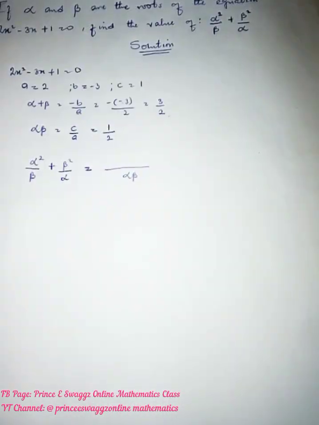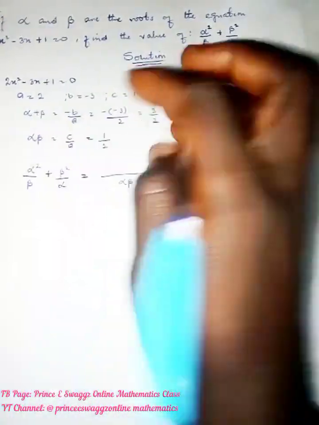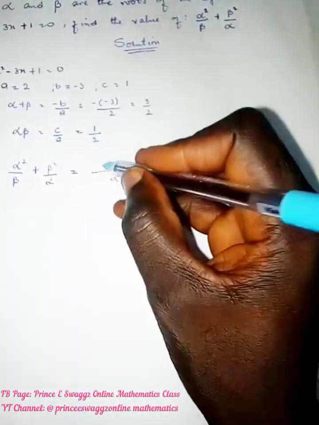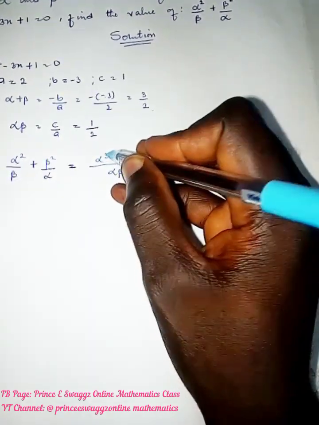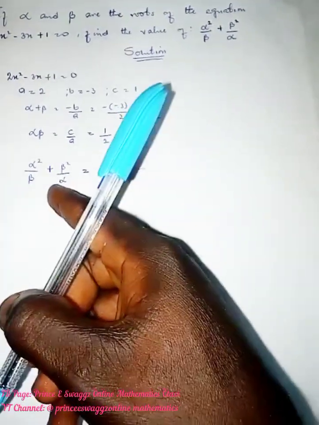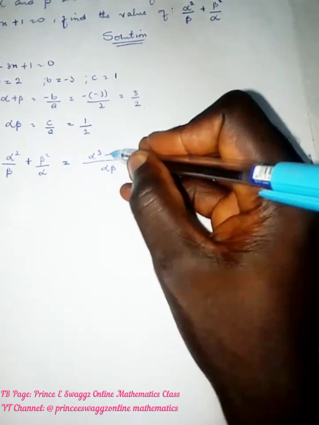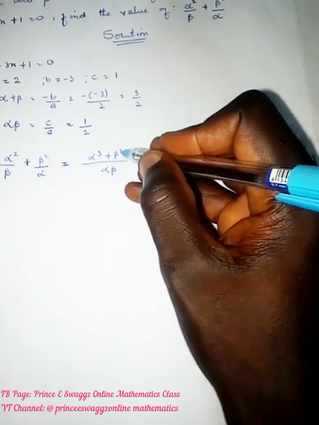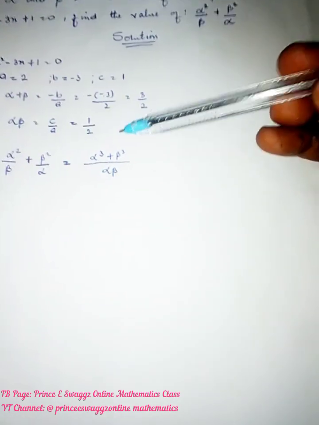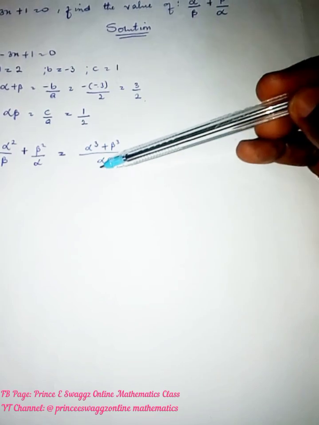We divide alpha beta by beta, that gives us alpha, times alpha squared, that is alpha cubed. Then alpha beta divided by alpha is beta, times beta squared, that is plus beta cubed. Now this is alpha cubed plus beta cubed over alpha beta.